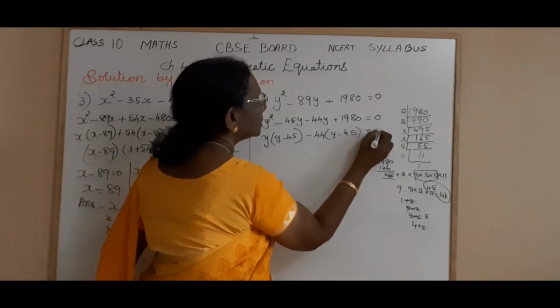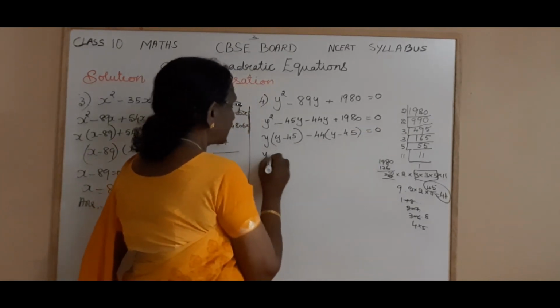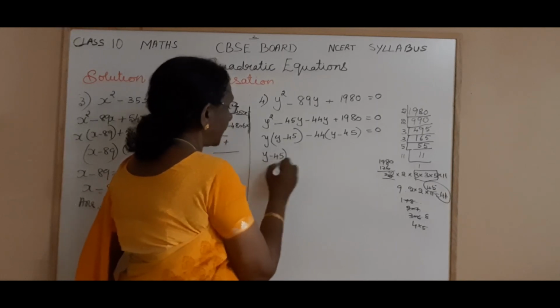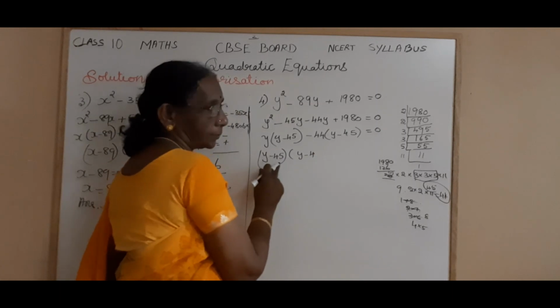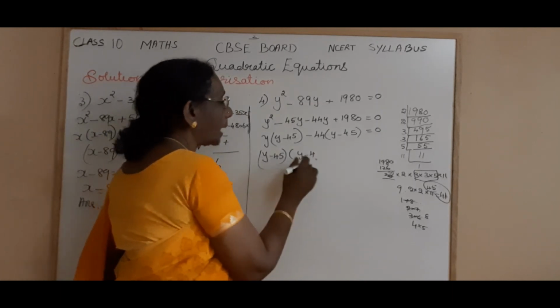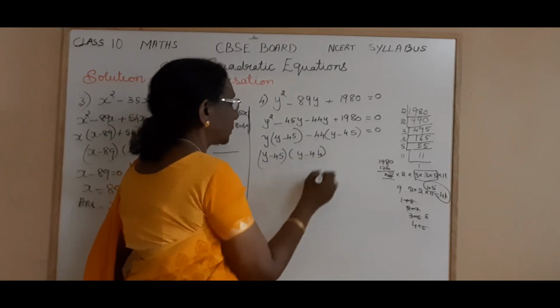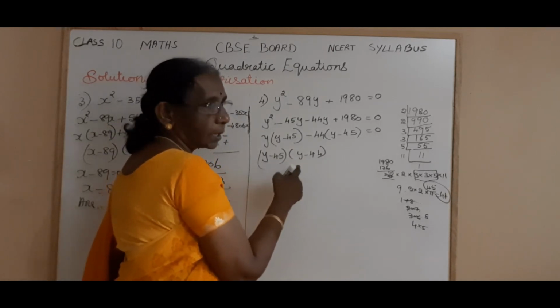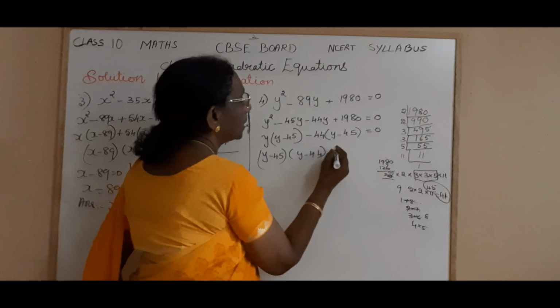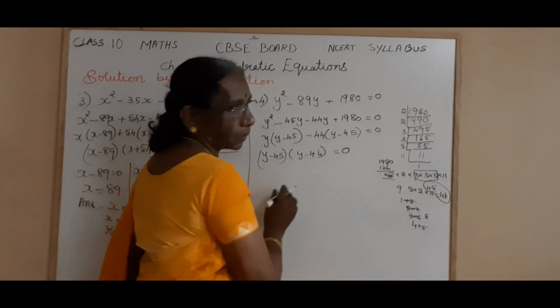So 0. So the factors are y minus 45 into y minus 44 is equal to 0.